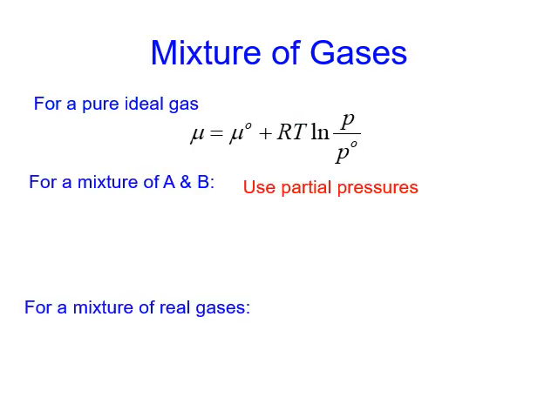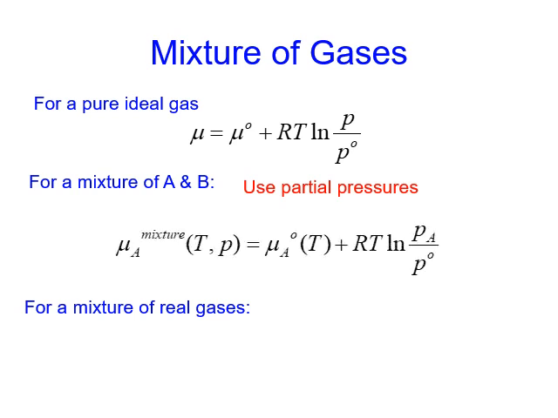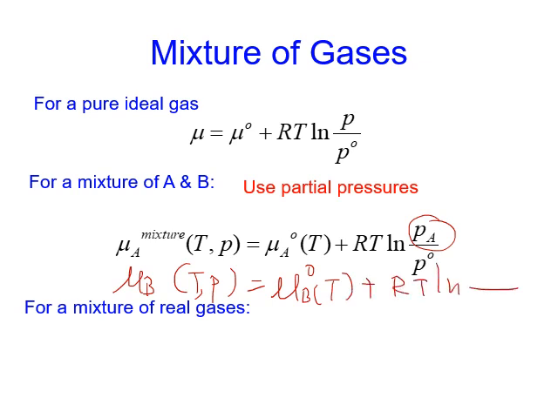For a pure ideal gas, we just showed that the chemical potential is the standard state chemical potential plus RT ln P over 1 bar. For a mixture, you have two substances, A and B. For A, the chemical potential should use the same equation but replace pressure by the partial pressure of A. Similarly, the chemical potential of B in the same mixture equals the standard state chemical potential of B plus RT ln partial pressure of B divided by 1 bar.